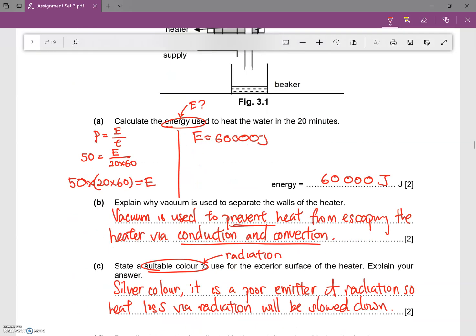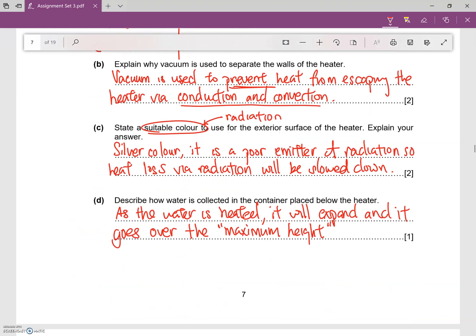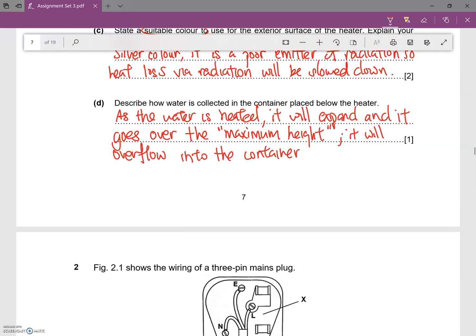When it goes beyond the maximum height, it will overflow into the container. Okay, so that's the end for question 1.